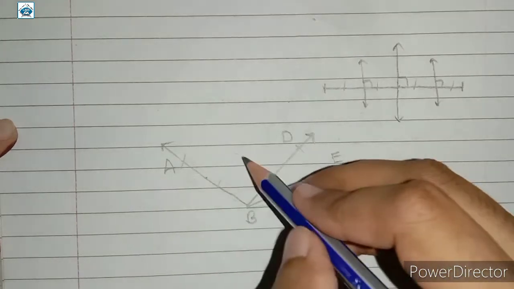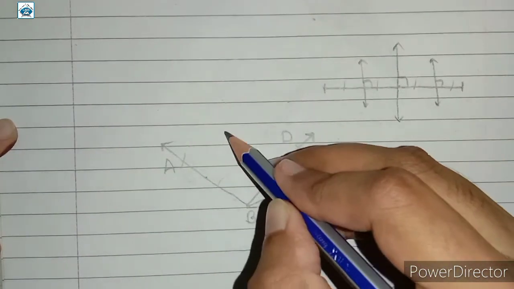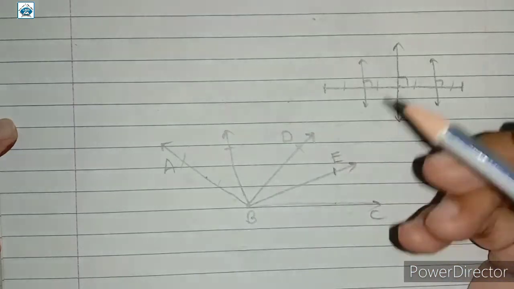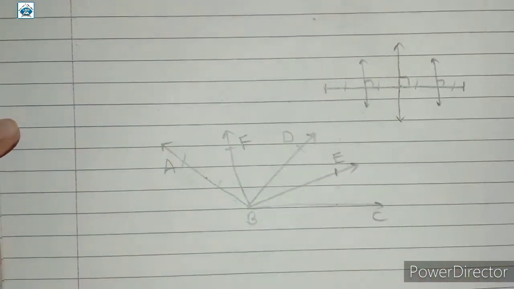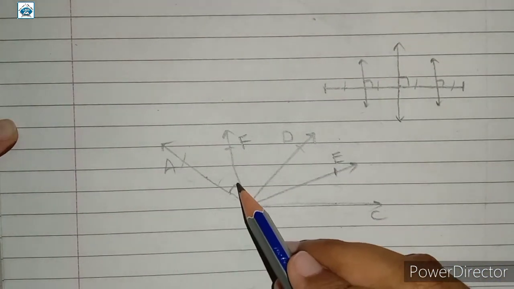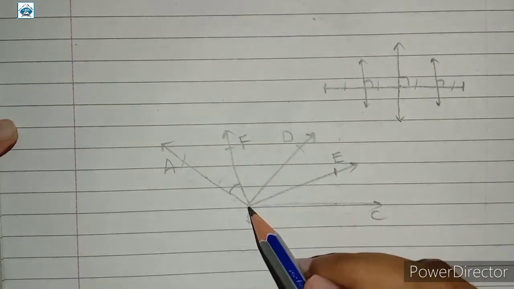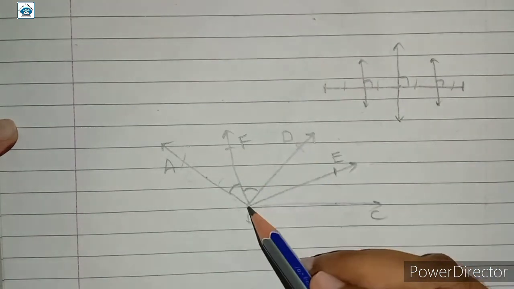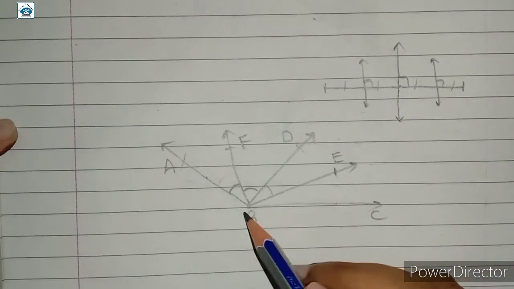Let this be E. And here ABD का भी आप लोग को bisector draw करना है ऐसे, and let this be named F. So here angle ABF, angle FBD, angle DBE and angle EBC.